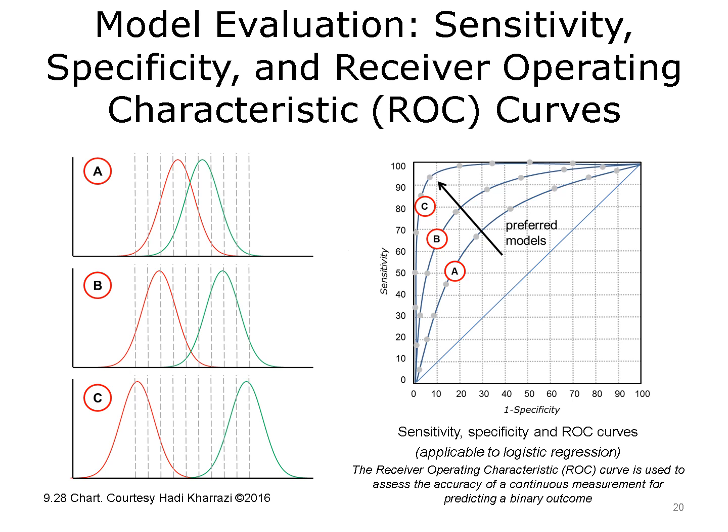These moving sensitivities and specificities can be plotted against each other to see how the model performs throughout the range of thresholds that assigns patients to either of the two outcomes, such as high-risk and non-high-risk populations. These plots are called the receiver operating characteristic or ROC curves, as shown on the right side of the slide.